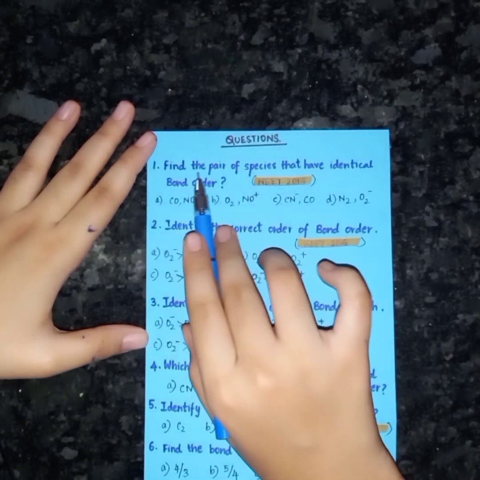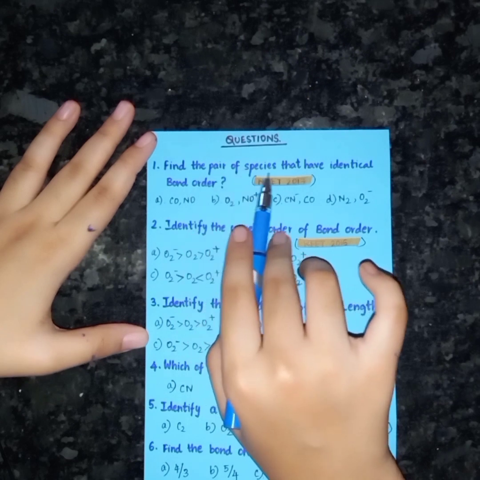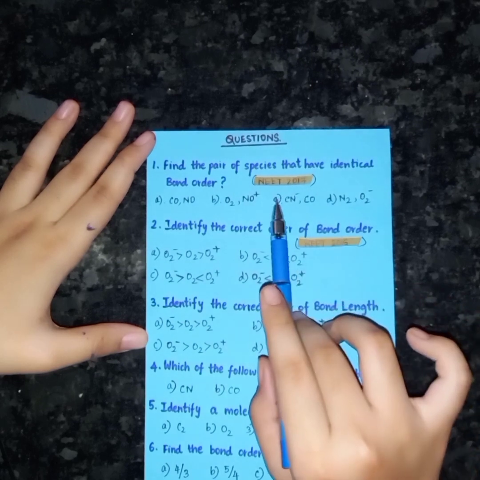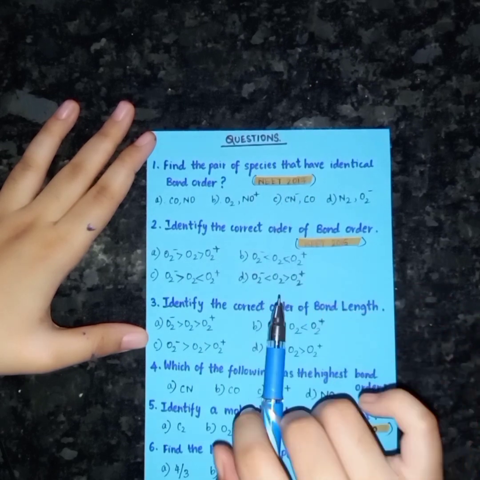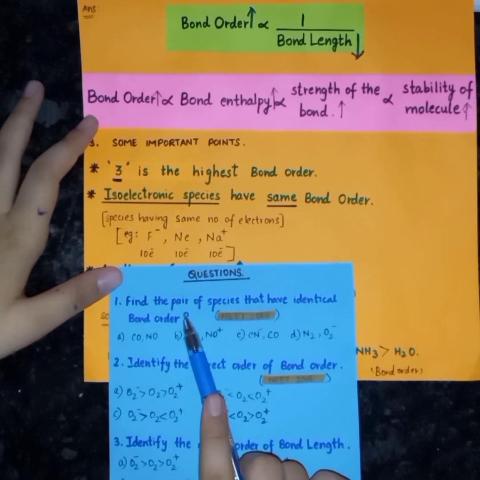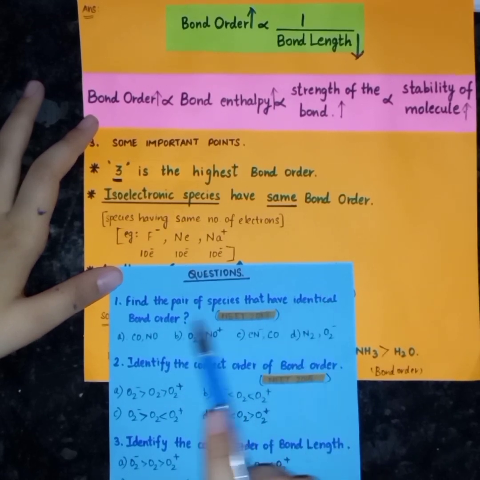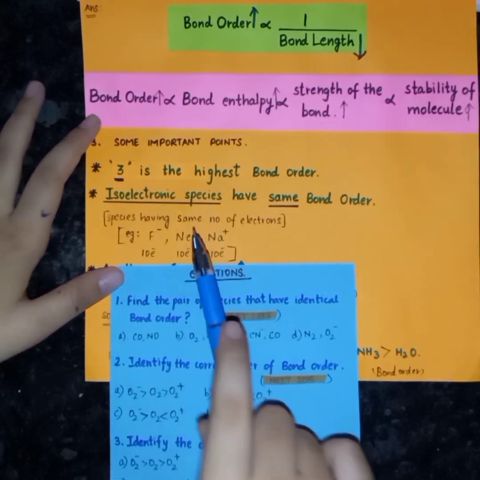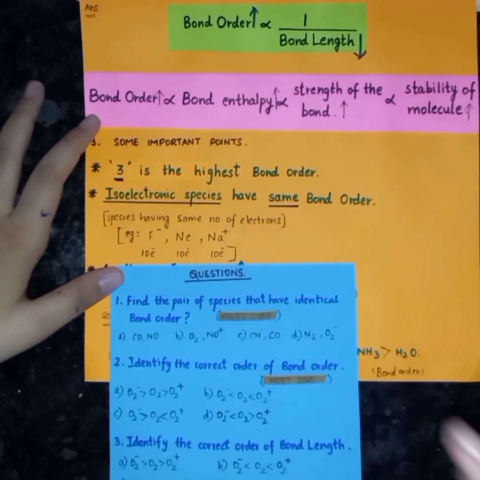Question number 1. Find the pair of species that have identical bond order. This question was asked in NEET 2017. In this question, they are asking the pair of species that have identical bond order. We know that isoelectronic species have the same bond order.